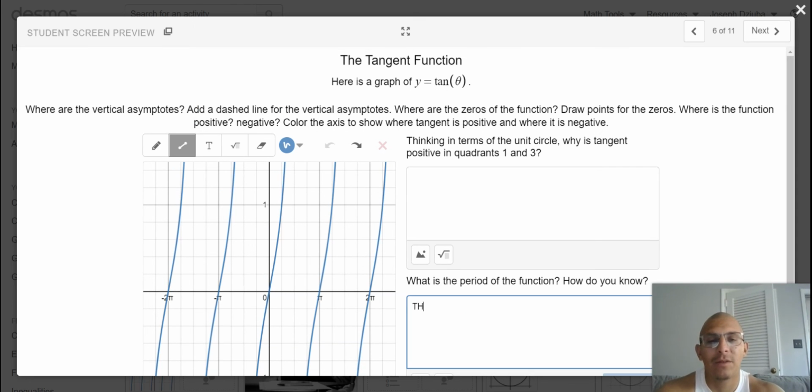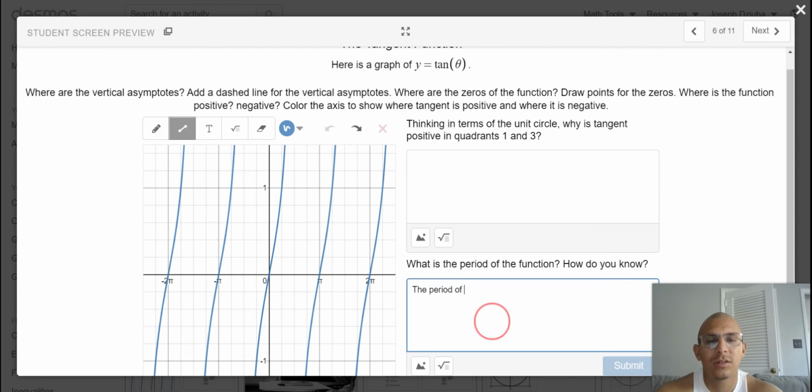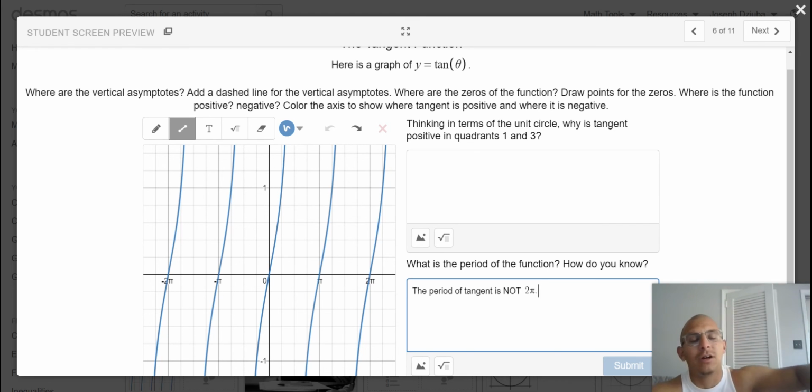So I'm going to say here that the period of tangent is not 2 pi. We do not need to go an entire 2 pi radians around the unit circle for tangent to replicate its behavior. You could theoretically sit here and calculate the tangent value for every point on the unit circle.